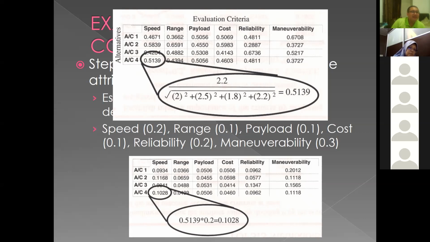For example, can you name any criteria from your QFD? Just anything. Size, for example, right? So is size really important in your design? If it is very important, then you should put a higher weightage value.